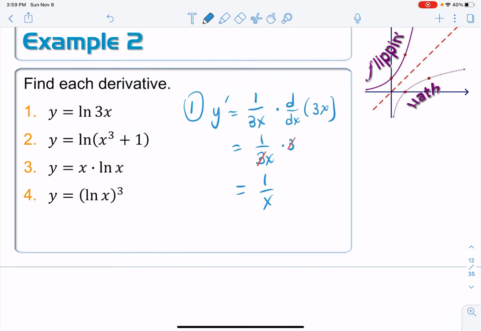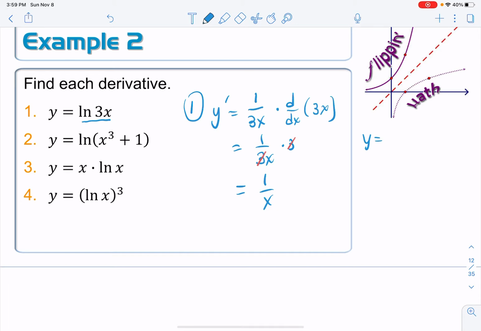All right, that's kind of strange here. The derivative of the natural log of 3x is the same thing as the derivative of natural log of x all by itself. Well, here's the reason. I can use a property of logarithms to expand that out. That's the product property.